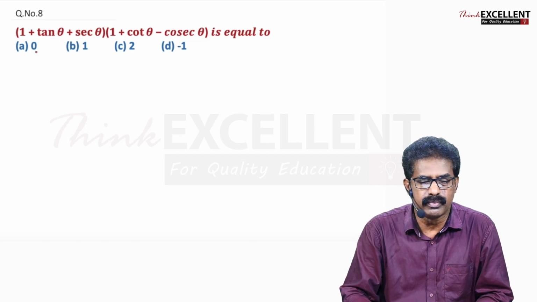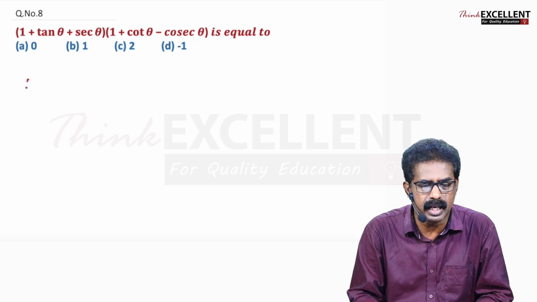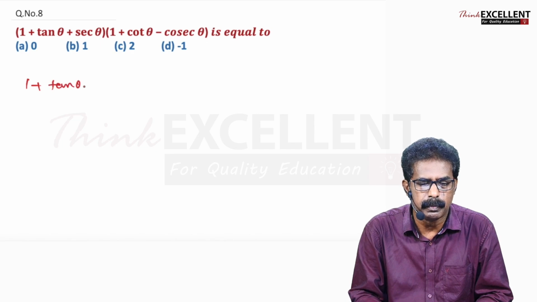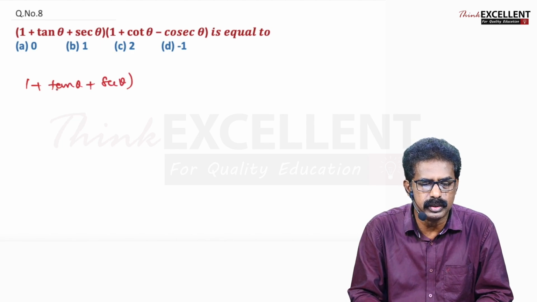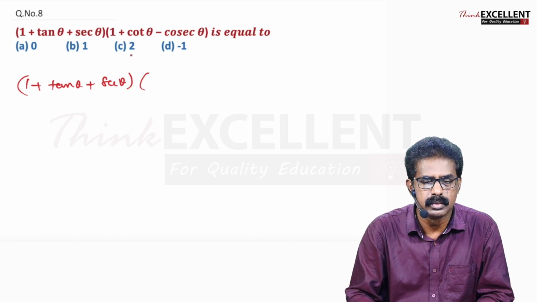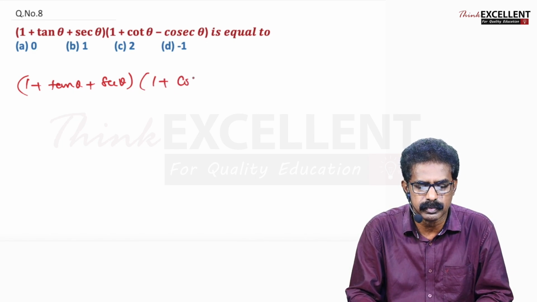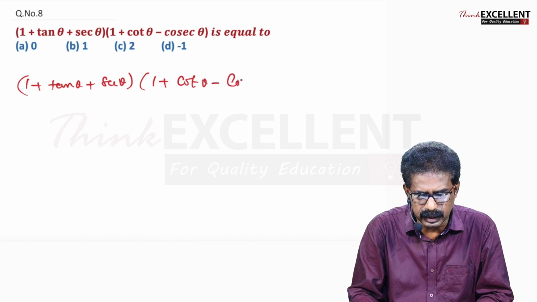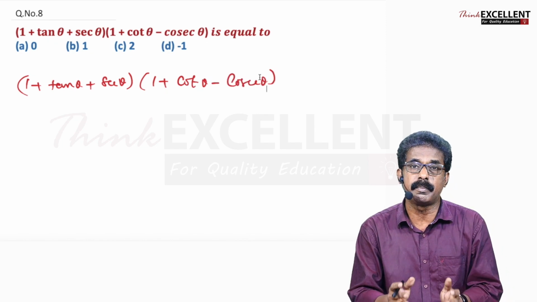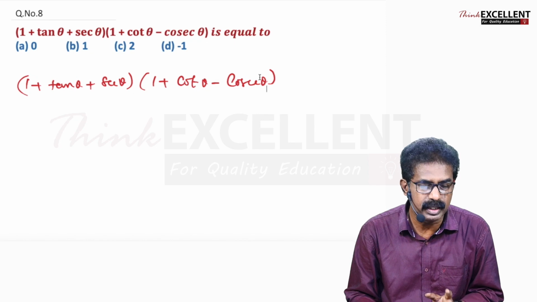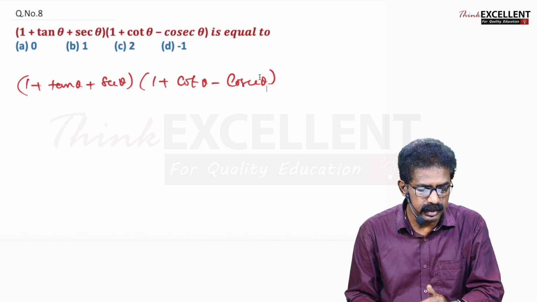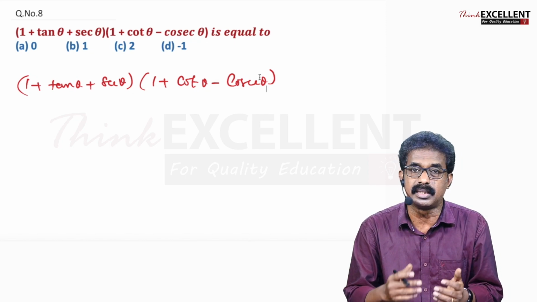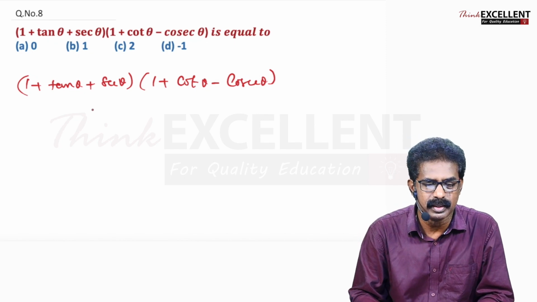The value of (1 plus tan theta plus secant theta) into (1 plus cot theta minus cosecant theta). So you have to multiply term by term. But before that, convert everything into sine, cos, take LCM, then multiply.